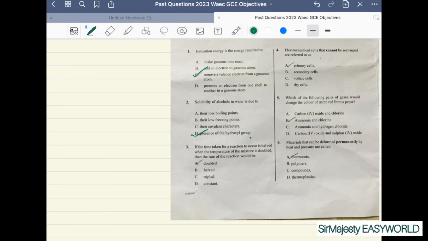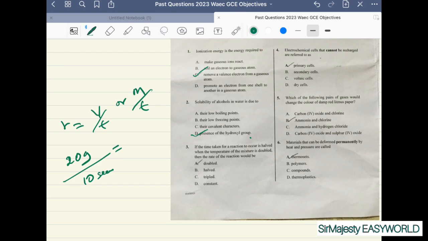You know that rate of reaction is measured by volume produced all over time or mass converted all over time. So let's keep mass or volume constant. Let's assume that at a particular temperature, 20 grams of the reactant is converted in 10 seconds. That means that the rate here is 20 grams per 10 seconds.